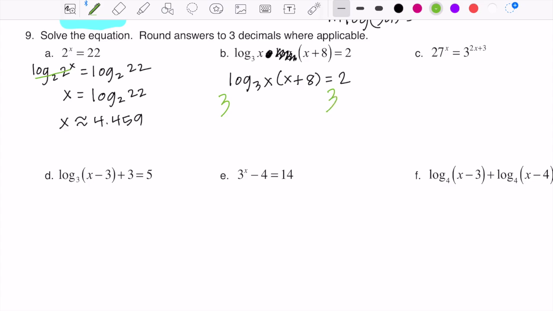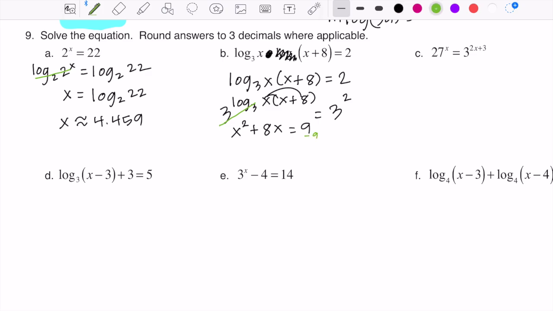What I'm actually doing is I am taking that logarithm and the other side and putting it in the exponent. So I'm going to write it just one time to show you what it looks like. Okay, so then these are going to undo each other, and then I'm going to get x squared plus 8x when I distribute equals 3 to the 2nd power, which is 9.